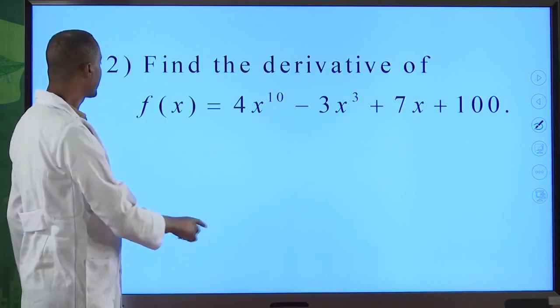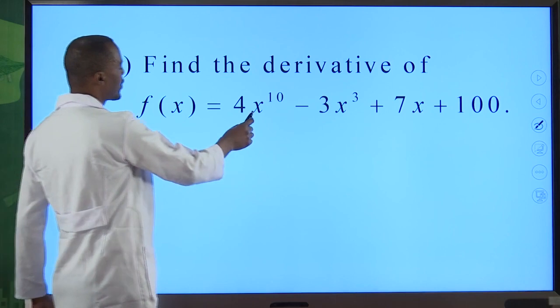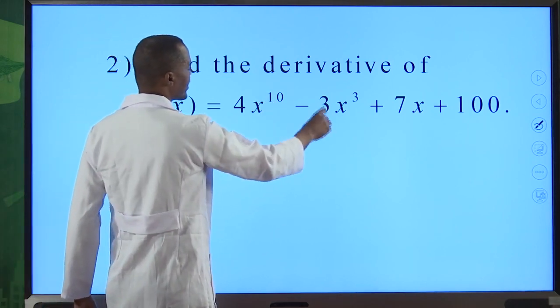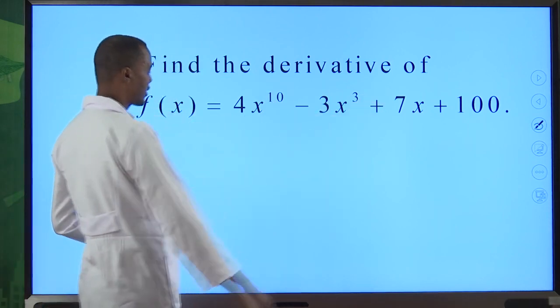Second, find the derivative of f of x is equal to 4x to the power 10 minus 3x cubed plus 7x plus 100.